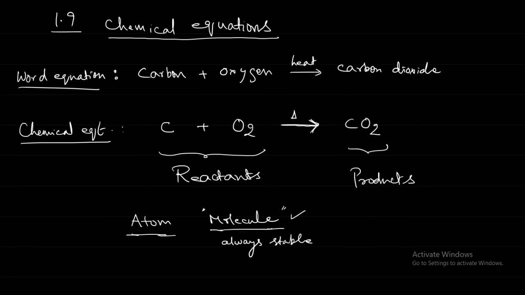Now there are a few examples of the types of chemical reaction. Okay, it's not always necessary that two reactants will react to form one product. Even one reactant may be there. For example, calcium carbonate. Okay, we heat it, then it will decompose to form calcium oxide and release the carbon dioxide gas.